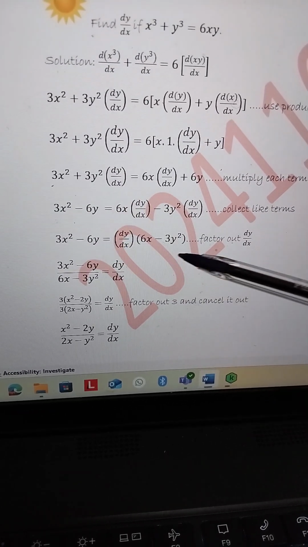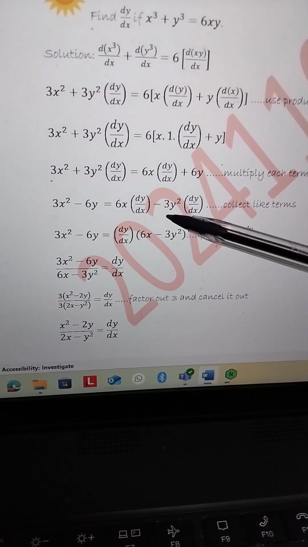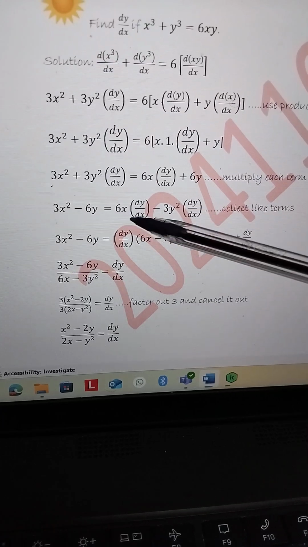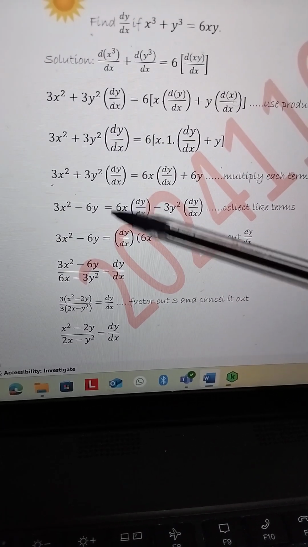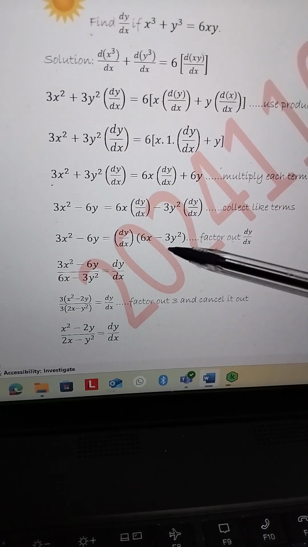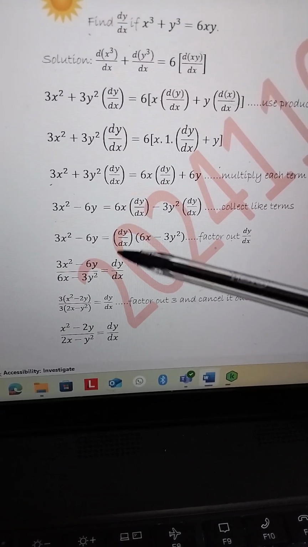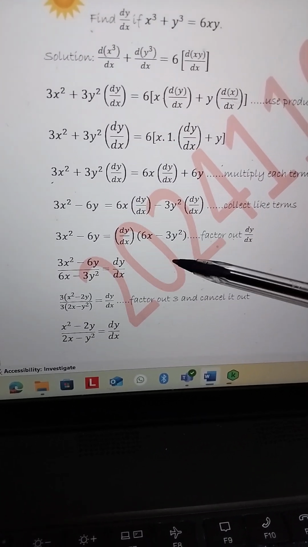So we are left with this expression. Okay, this expression. And then from here on, we can factor out from the right hand side dy/dx. We are left with 6x minus 3y squared. So we have 3x squared minus 6y is equal to dy/dx times (6x minus 3y squared).